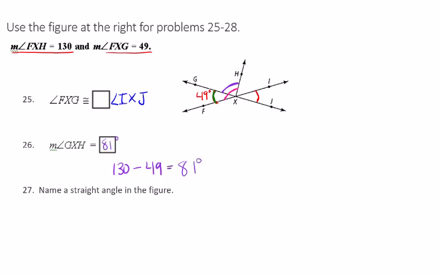Okay. All right, and then name a straight angle in the figure. All right, so straight angle in the figure, to me, I see two. All right, I'll name one, you name the other. So I'll do GXJ. All right, so what do you think the other one is?